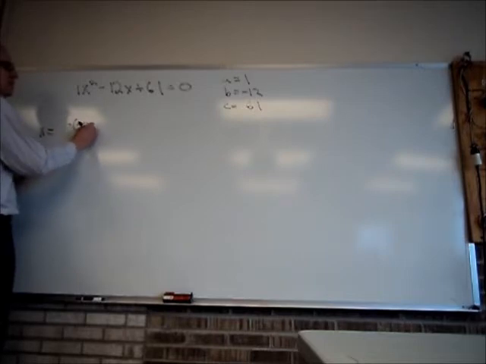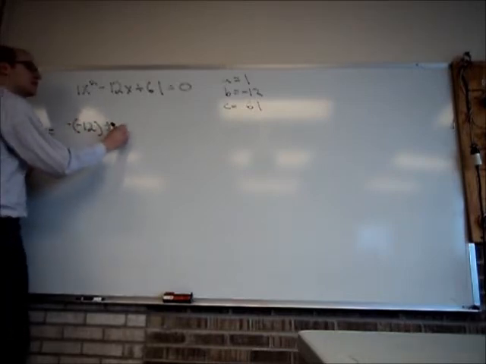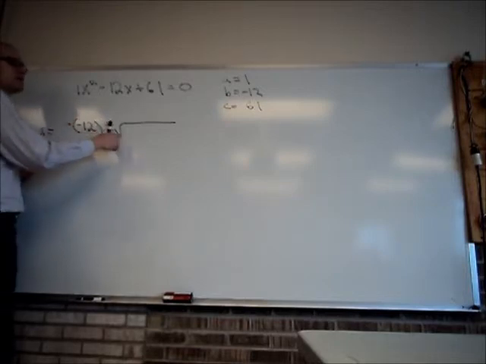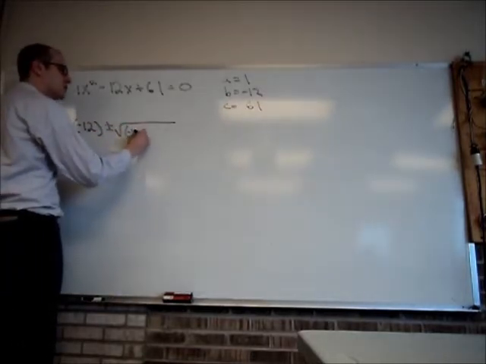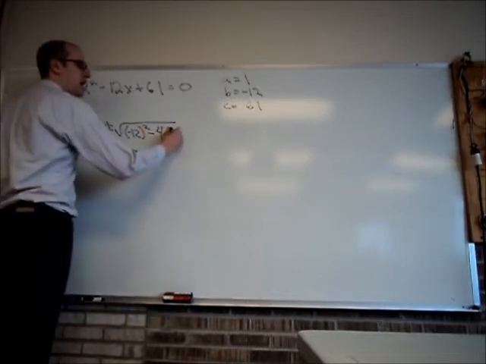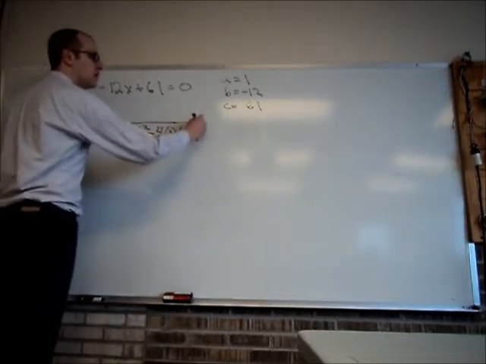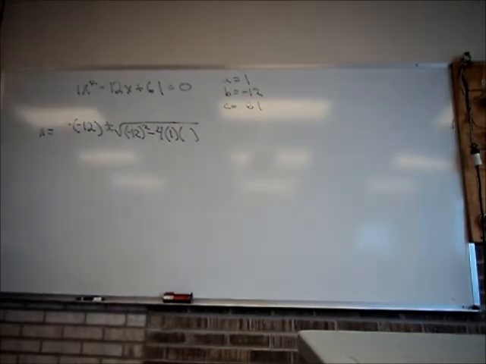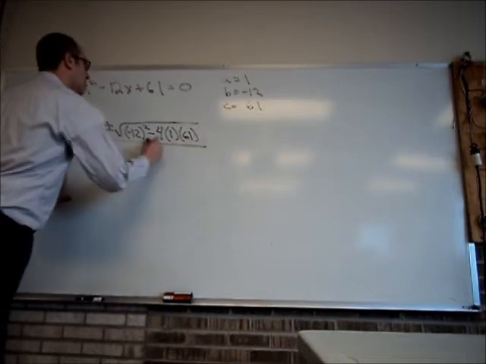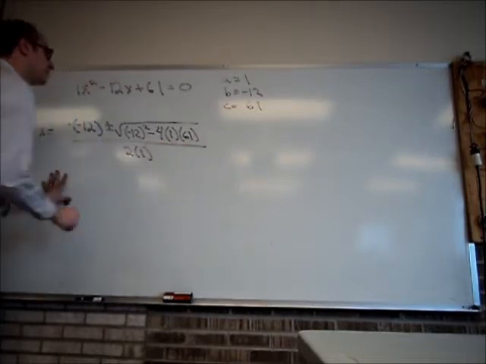I'm looking at the quadratic formula: minus b plus or minus the square root of b squared minus 4 times a times c, divided by 2 times a.